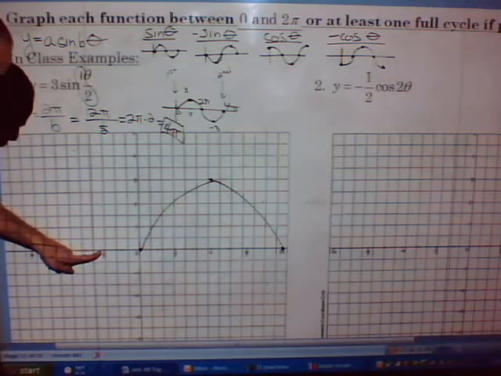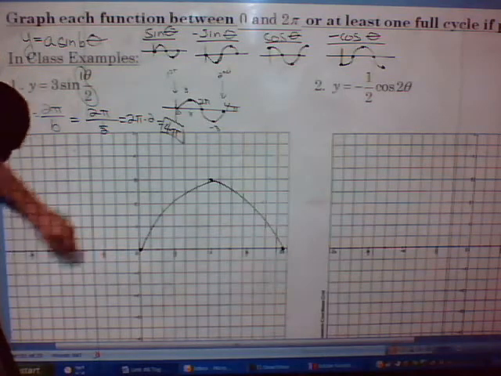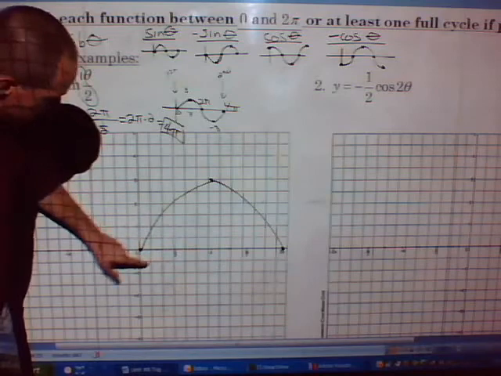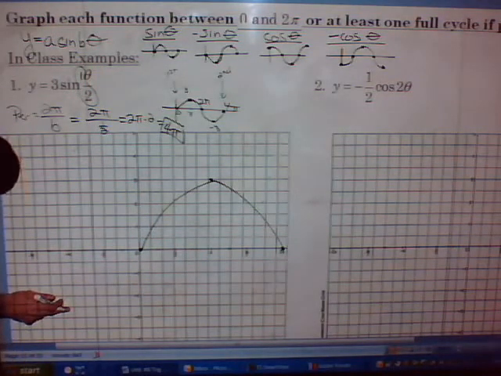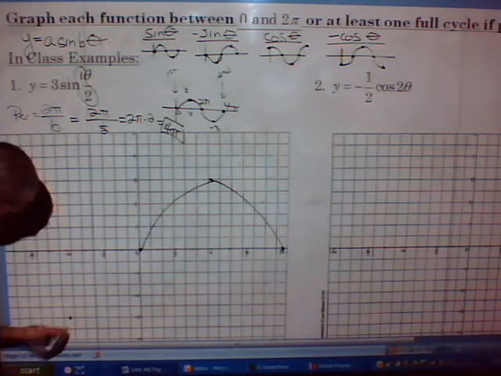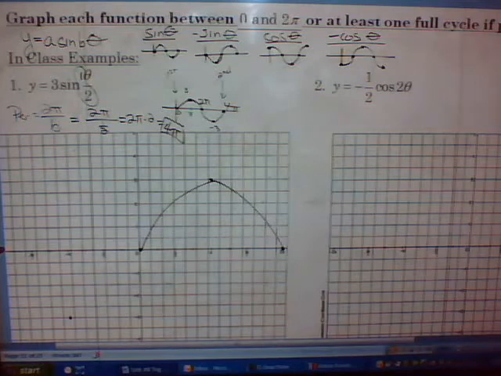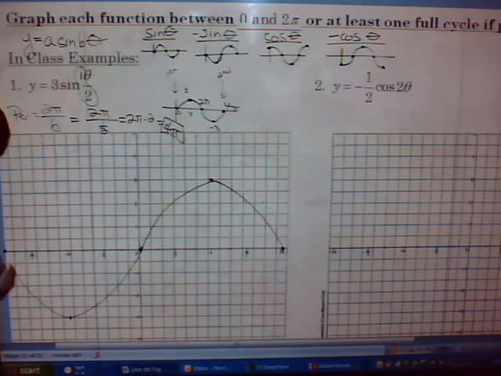Our next point was at pi here, so at -pi, we are going to be down here at -3. And then all the way over here at 2 pi, which is a little bit off of my graph, it should fit on your graph, we're at 0 again. So the graph comes down and then back to 0 at 2 pi.